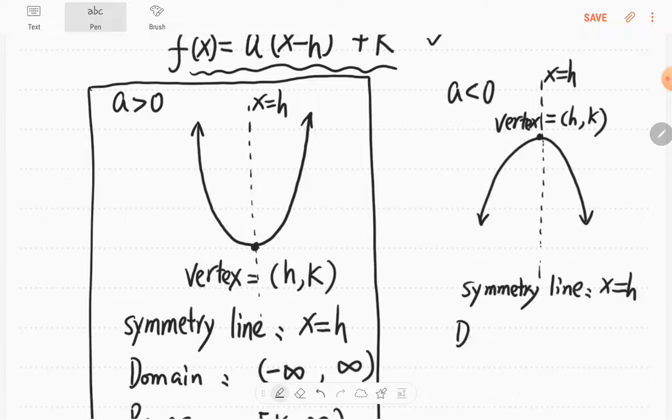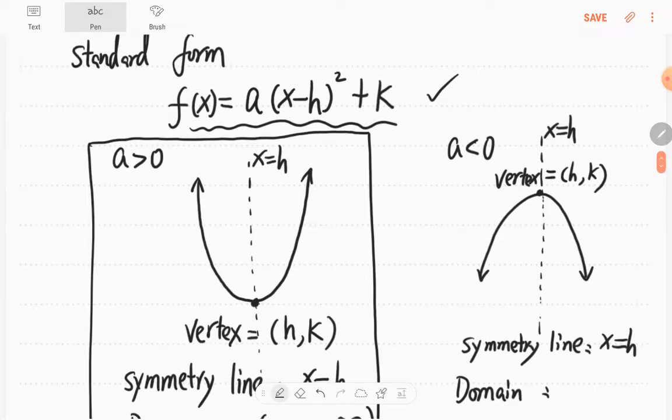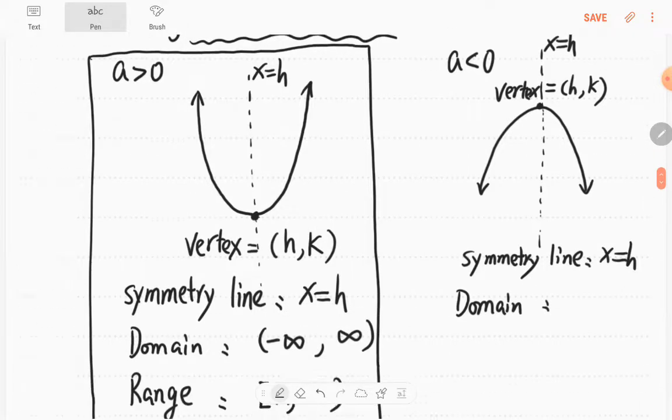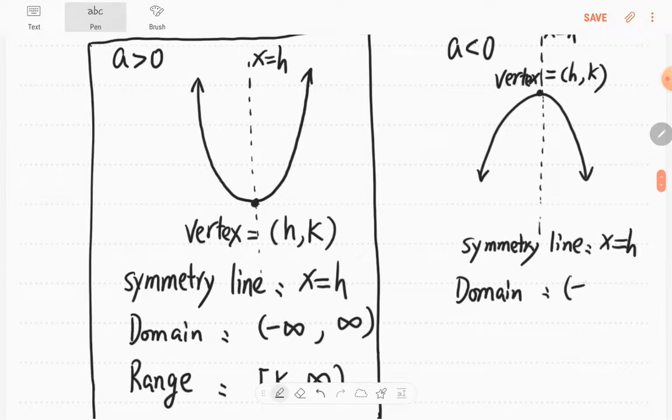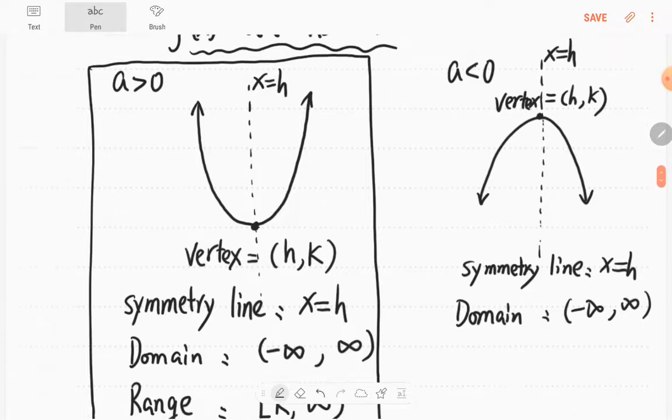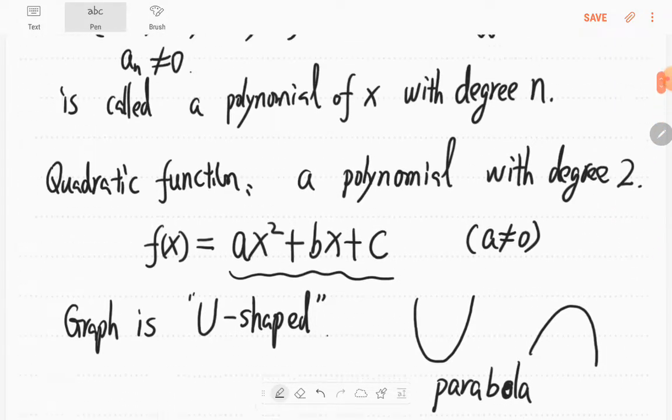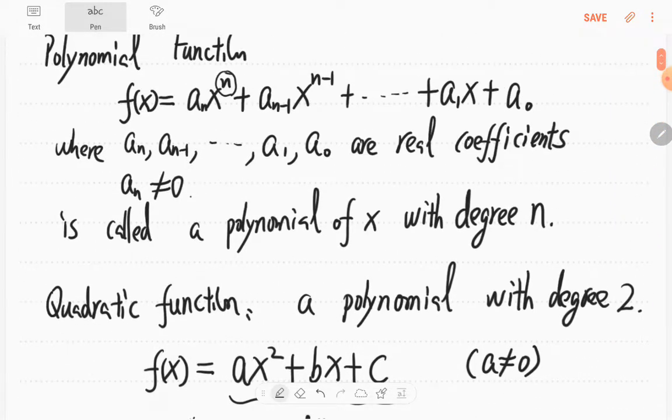And what is the domain? The domain is the x numbers you can plug in. So it's actually from negative infinity to infinity again. Here is one thing: for any polynomial function, the domain is always from negative infinity to infinity. You can see there are no restrictions on x, right?